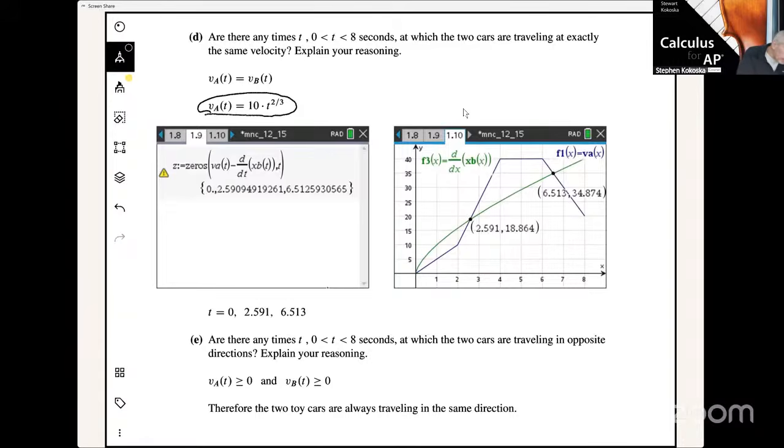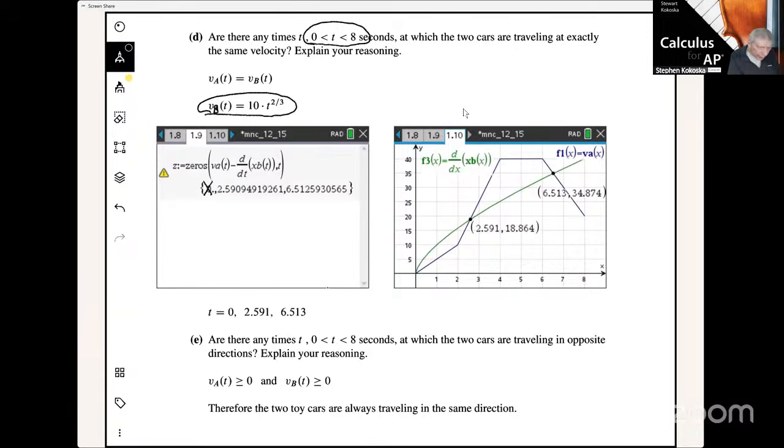So I got 3 values here, but we're going to exclude 0 because of what it says up here in the statement of the question. And just to sort of back this up, I have the velocity of car A and I graph the velocity of car B. I think this is B. I apologize right there.